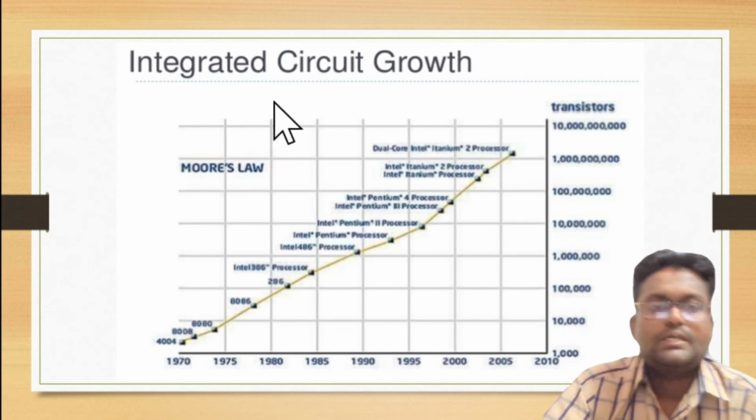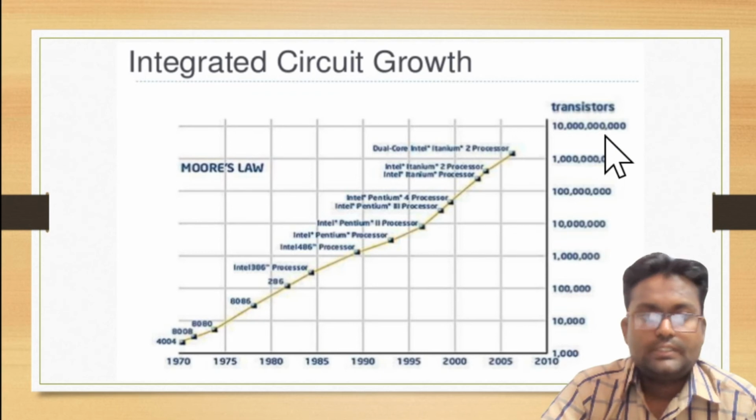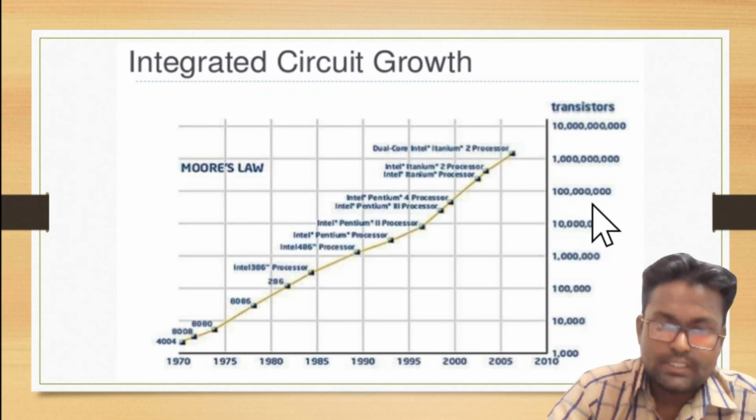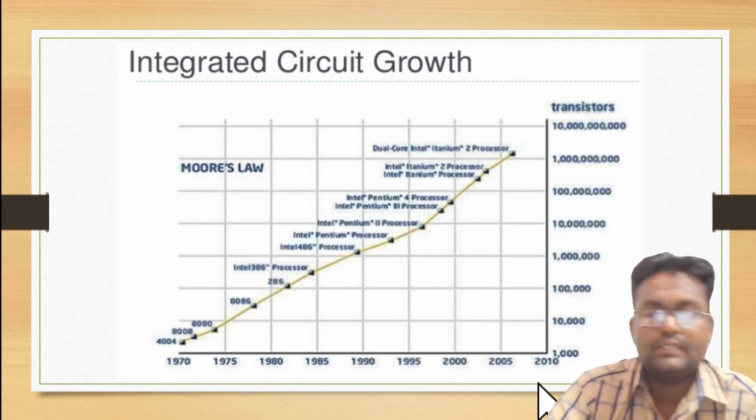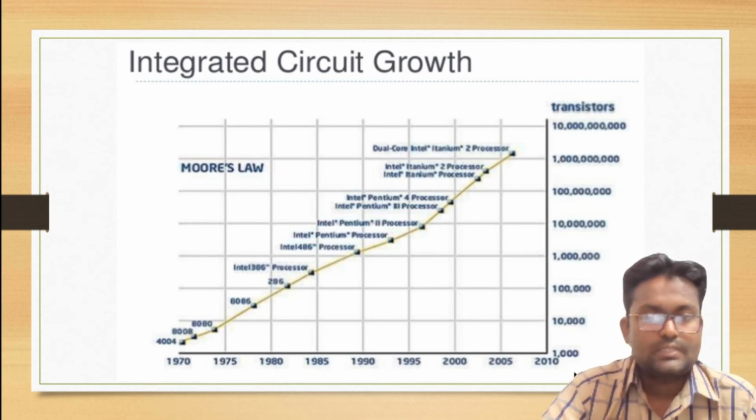Now this graph represents the integrated circuit growth. The y-axis represents the number of transistors, and the x-axis represents the year of evolution of the circuit.